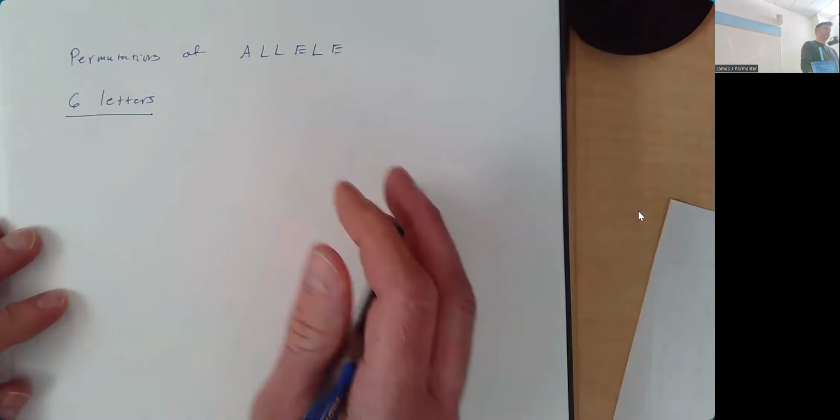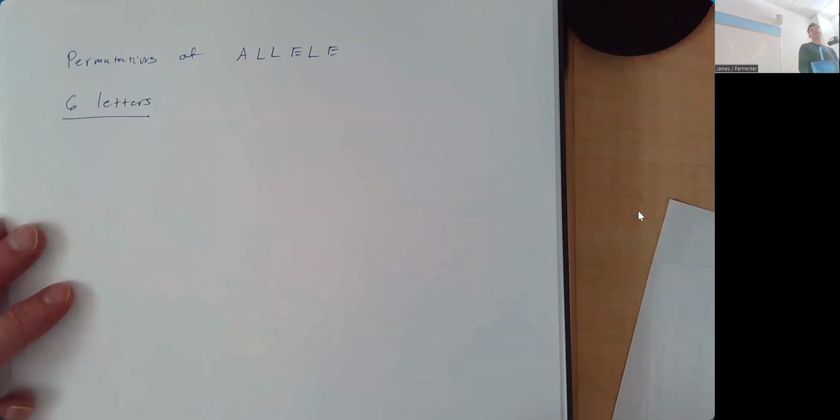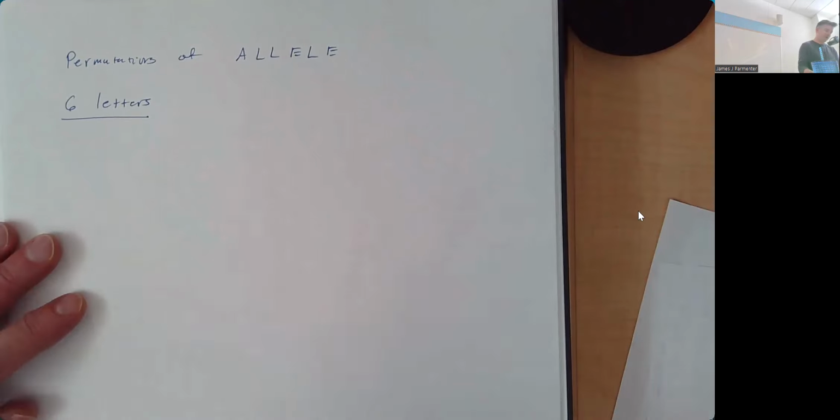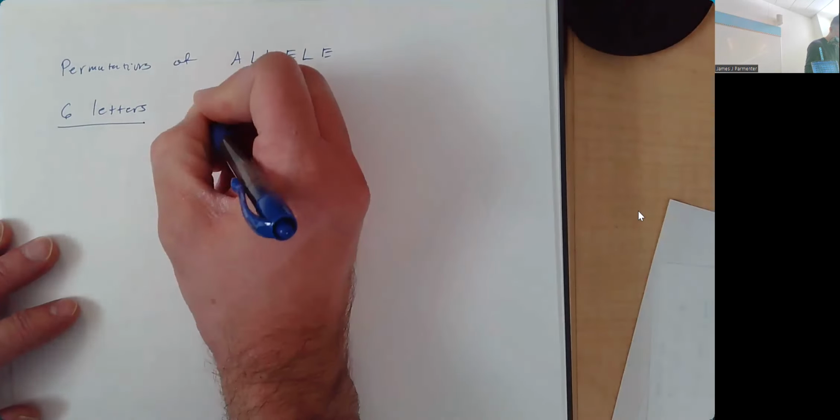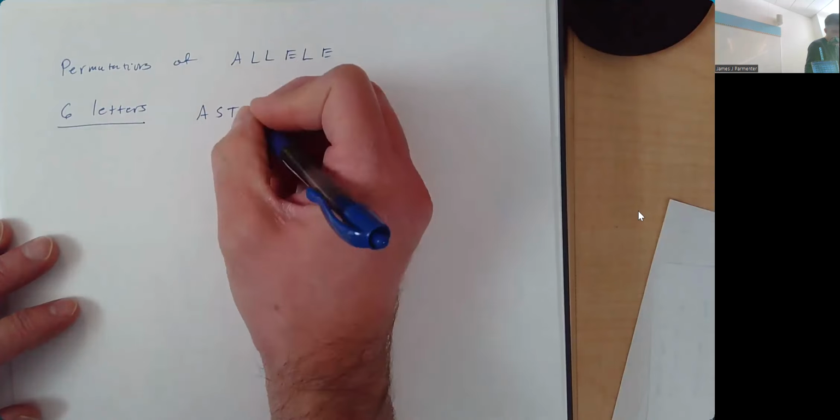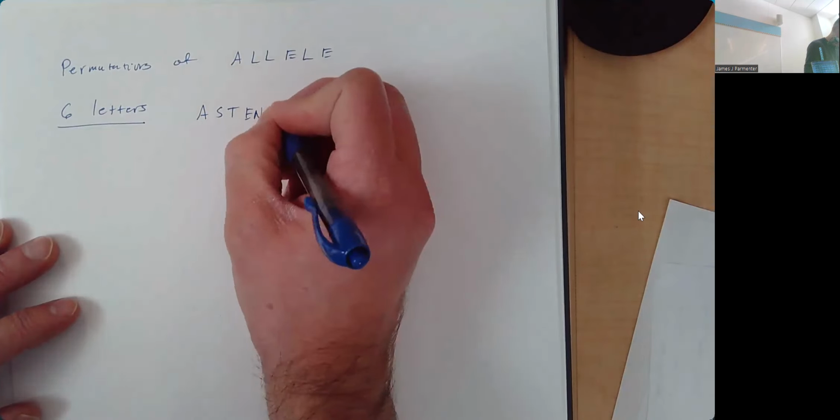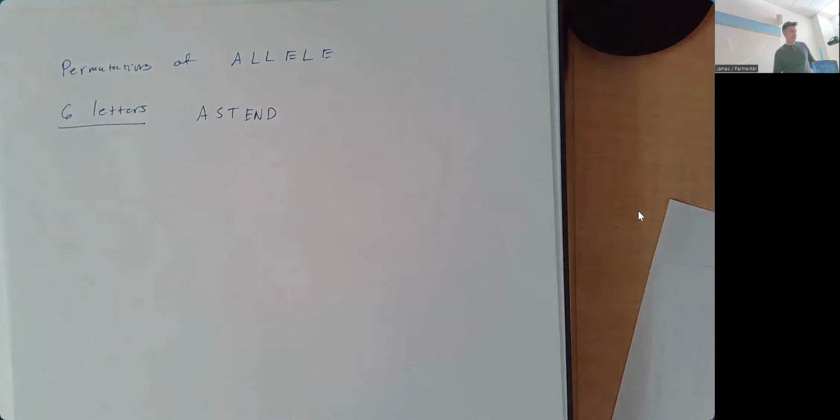And let me just point out, if the letters were all different, like for example, if our word was a 6-letter word that didn't have any letters that repeated, which would be something like, I'm just gonna make a word that's not a word, ASTEND. My favorite word.